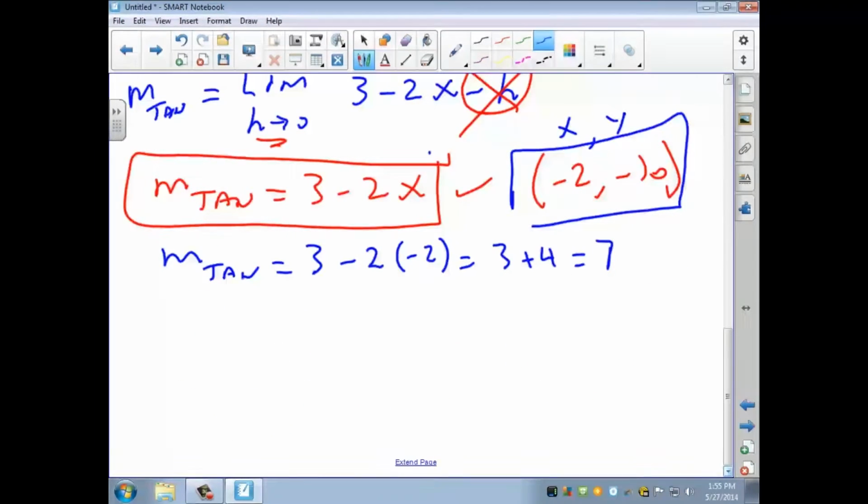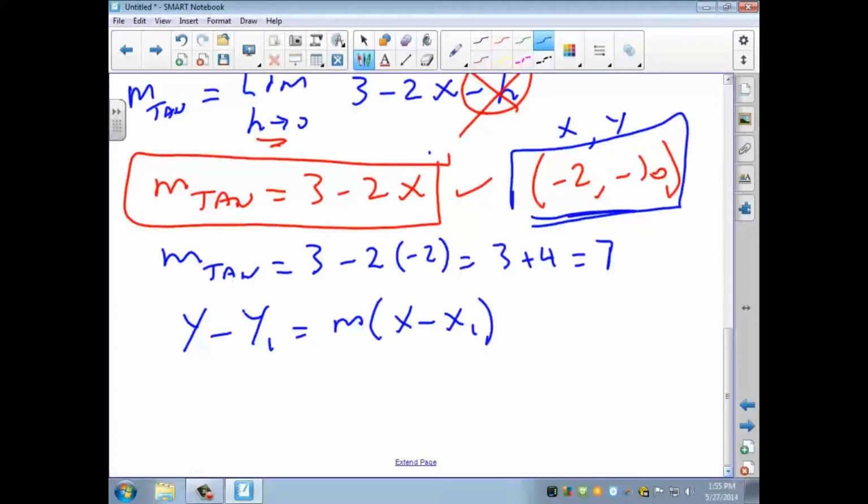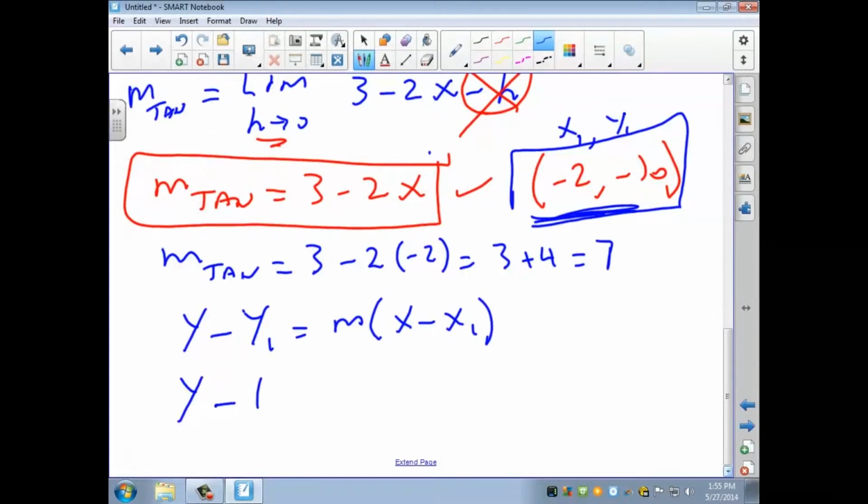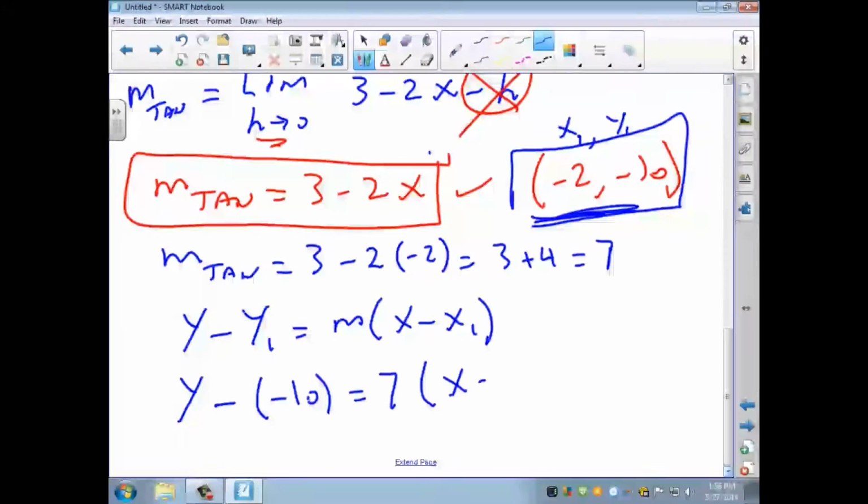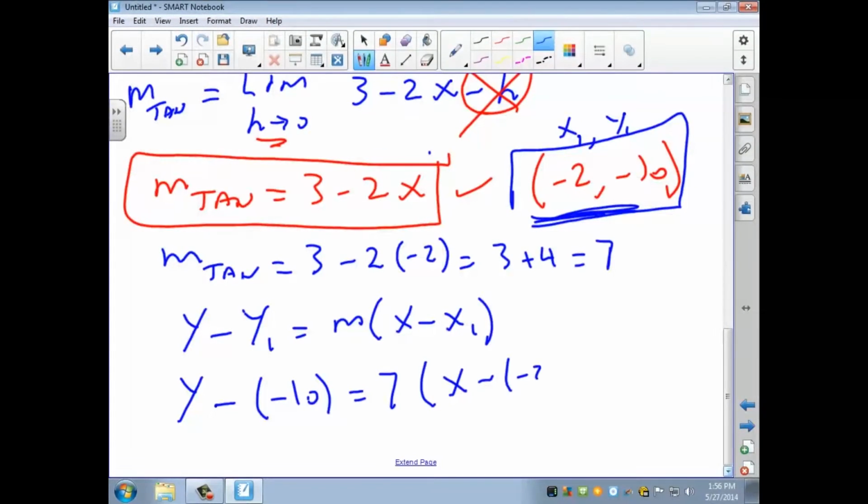To find the equation of a tangent line, you use the formula you had before, which is y minus y1 equal m times x minus x1. So the point you have is this point. So this is x1 and this is y1. So y minus minus 10 equal m, we found it to be 7, times x minus minus 2.